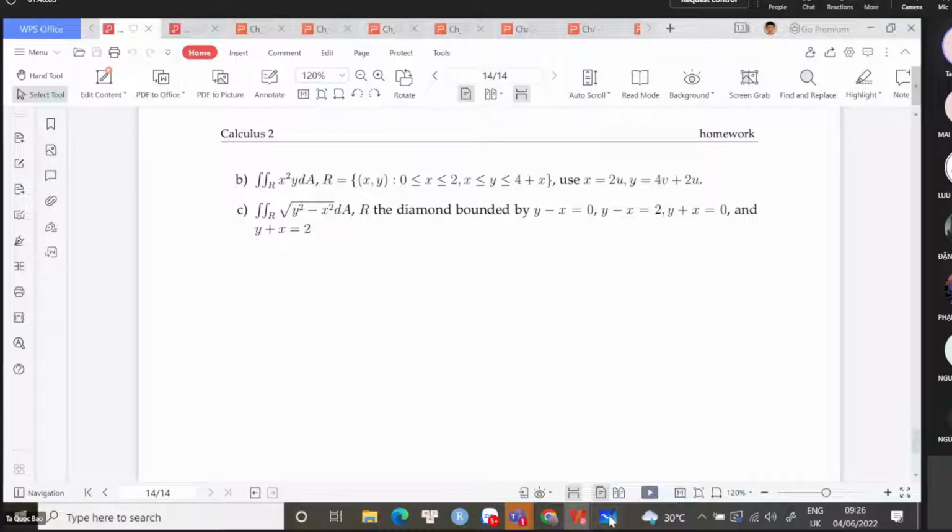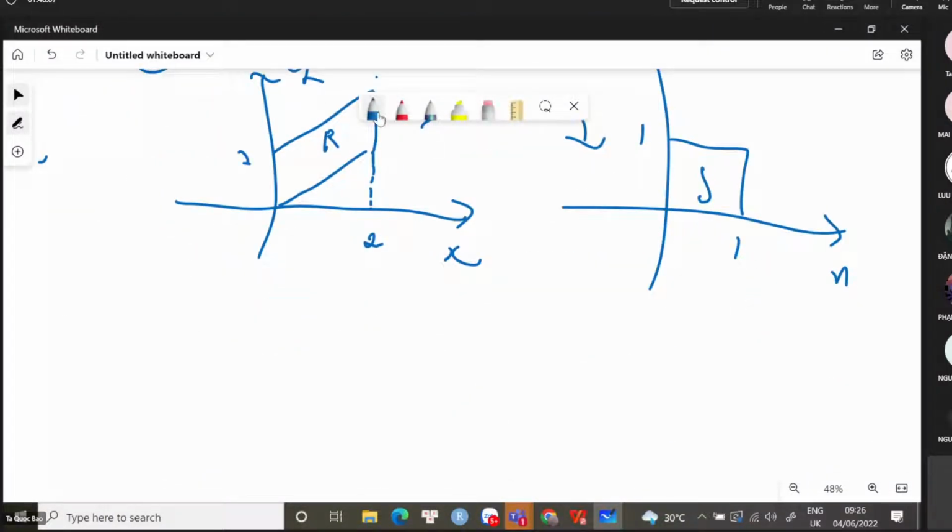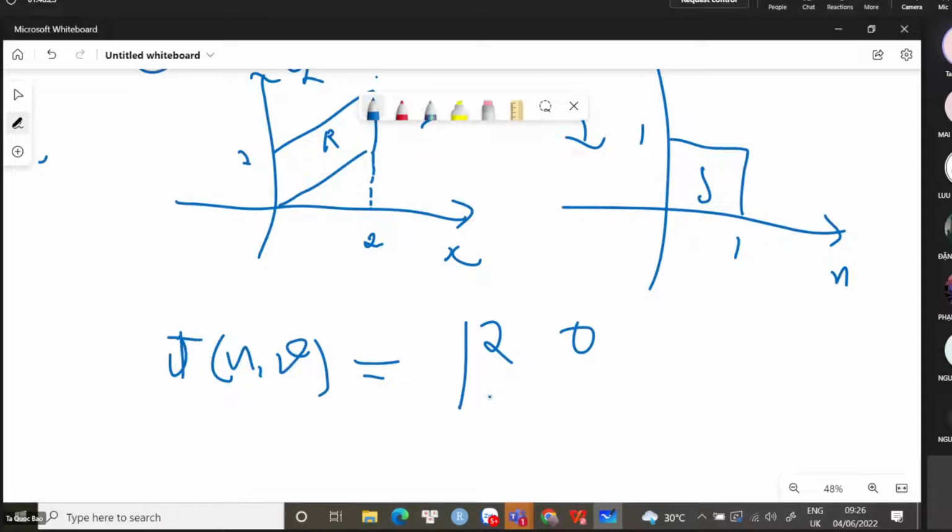Now from the change of variables, we have a Jacobian J(u,v) equal to: x in u is 2, x in v is 0, y in u is 2, y in v is 4. Therefore, this is equal to 8.